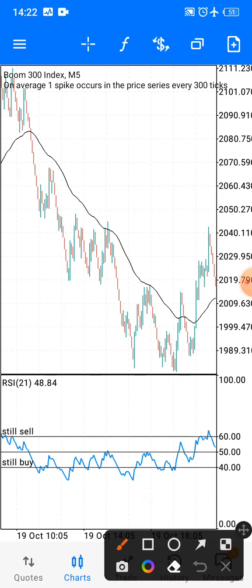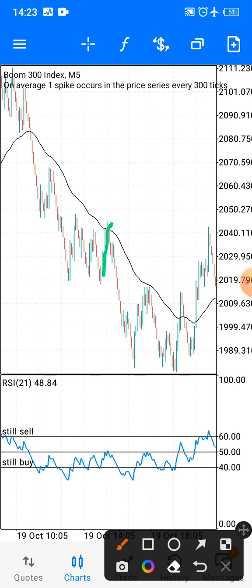Okay. So firstly, if we are looking for sales, our candlesticks must be below the black moving average, the 50 moving average. And for us to enter, RSI must also be below the level 50. For our entries, we're going to wait until the candlesticks pull back to the 50 moving average.